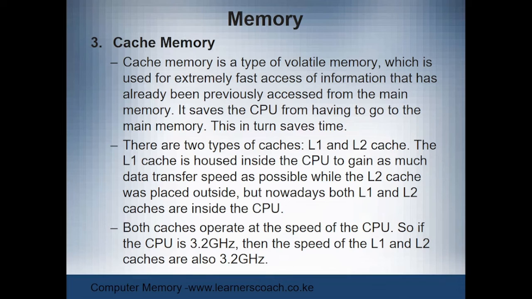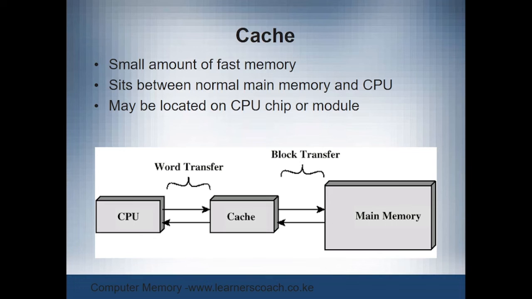So when you are looking at the cache memory, you need to look at it from the point that it is closer to the processor and it provides a fast access option compared to the main memory, right? Cache memory is close to the processor or the CPU, and the main memory is a bit far.